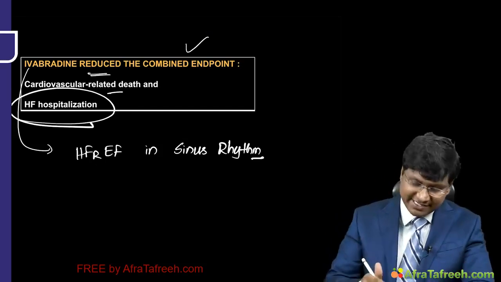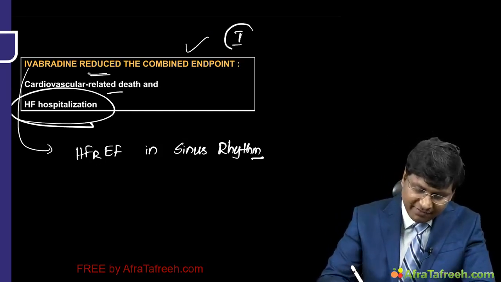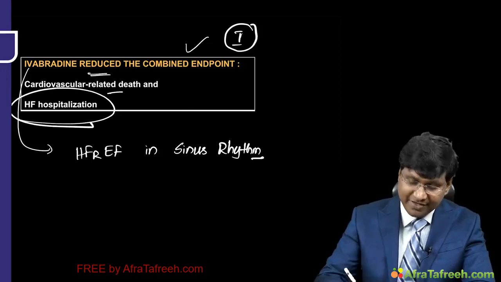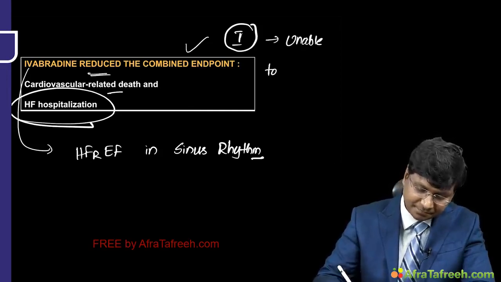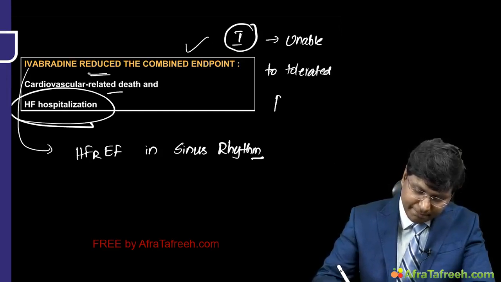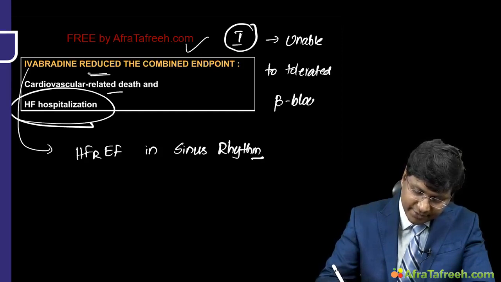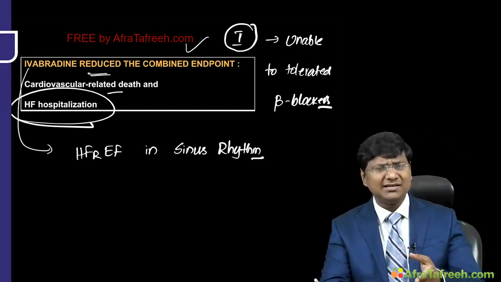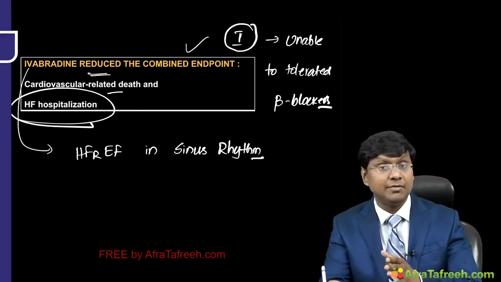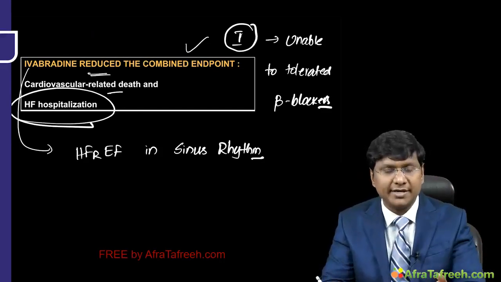And this study says that you give ivabradine when the individual is unable to tolerate beta blockers. What are the situations where beta blockers cannot be tolerated?